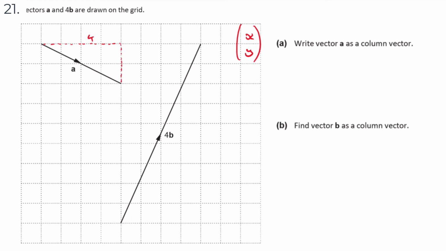And then in the direction of y, which is how many units up it is, this is actually 2 units down, so this is considered to be -2. So the column vector is going to be 4 units in the direction of x and -2 units in the direction of y. And then part B says, find the vector B as a column vector.